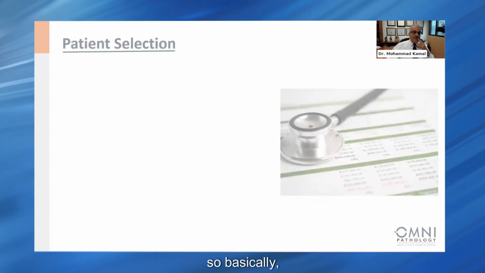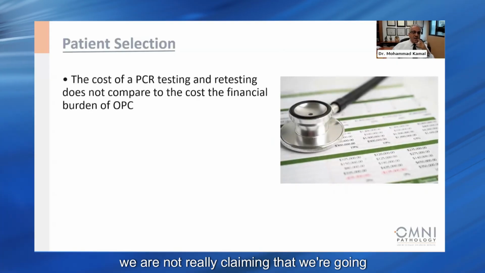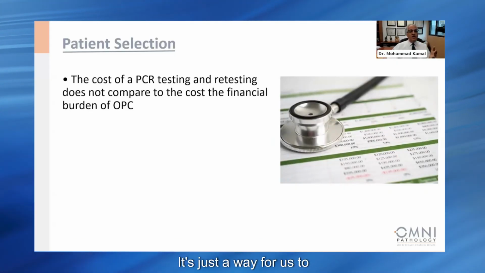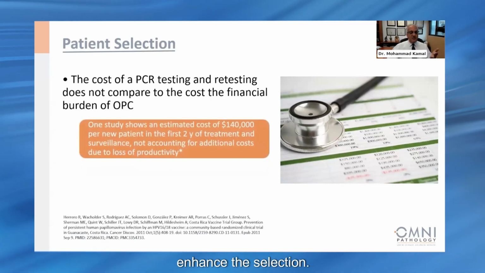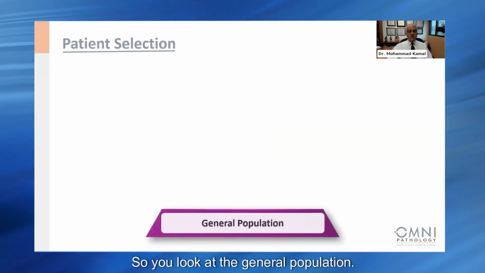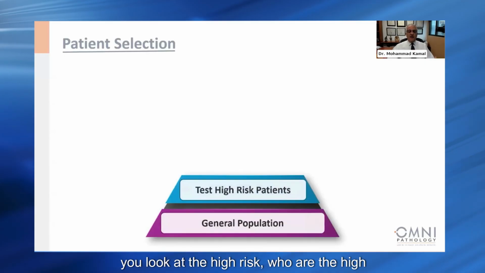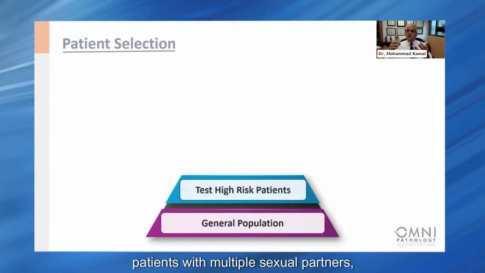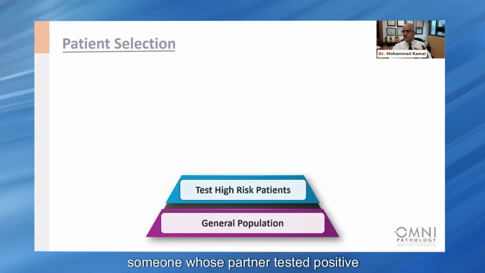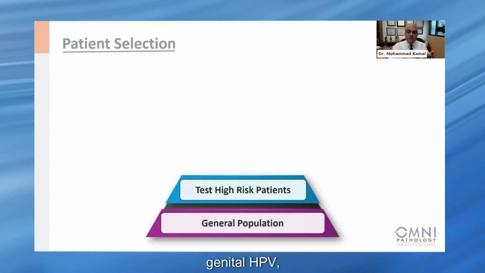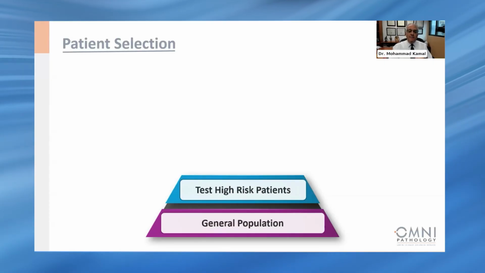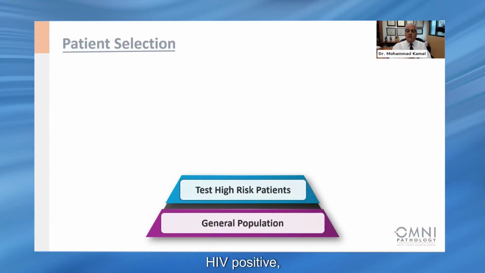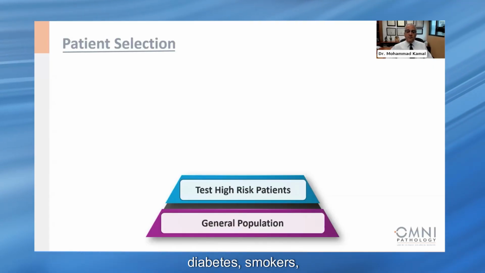So basically, we are not really claiming that we're going to test everybody. It's just a way for us to enhance the selection. So you look at the general population, you look at the high risk. You say, who are the high risk patients? High risk patients would be patients with multiple sexual partners, someone whose partner tested positive for genital HPV, patients that have reduced immunity, HIV positive, diabetes, smokers.